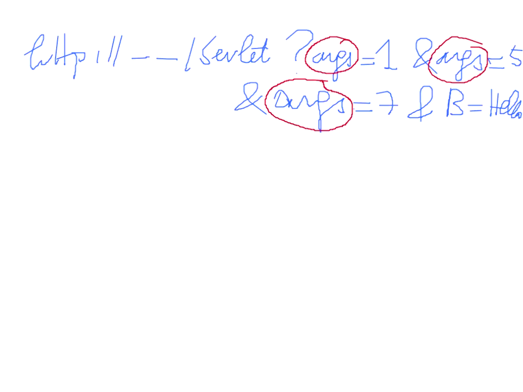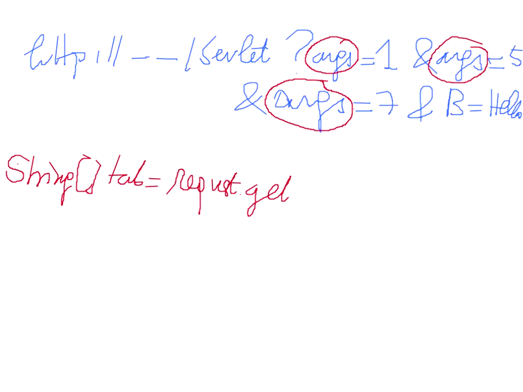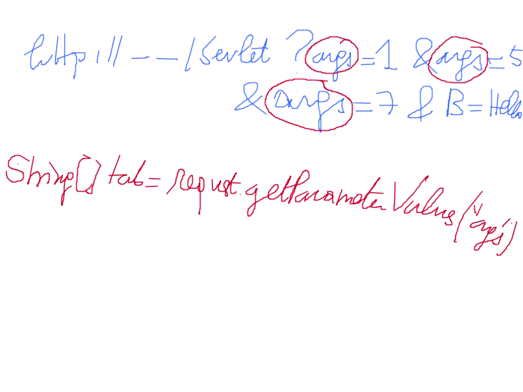If we have many arguments like this, I will prepare a String array tab equal request.getParameterValues("arg"). Can you give me the length of tab here?